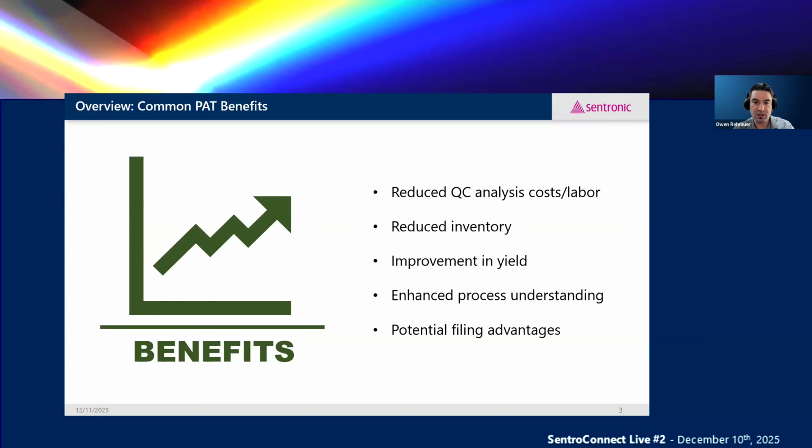These will be familiar to many of you, but these benefits can include reduced overall cost of QC analysis, reducing inventory of product needed by an organization, improvement in yield, enhanced process understanding, and some potential filing advantages, at least in the USA. By that, I mean if PAT enables you to declare your manufacturing operation advanced manufacturing, you can get some expedition in your filing for, again, a US filing.